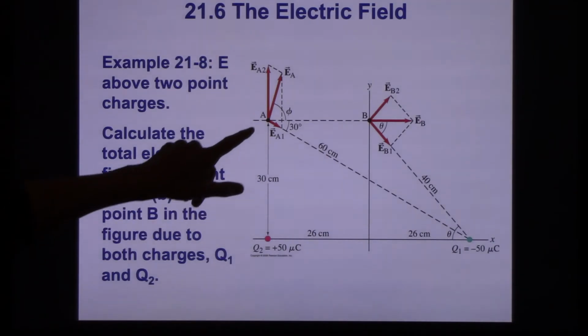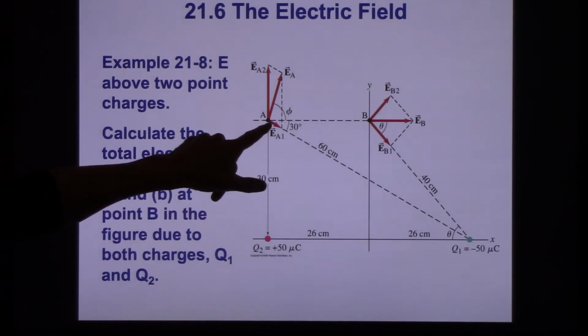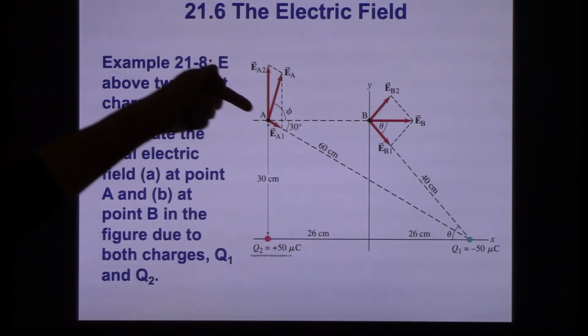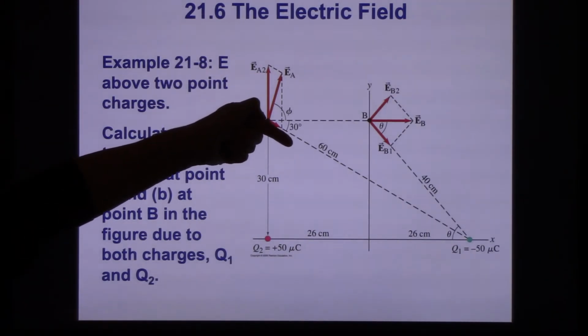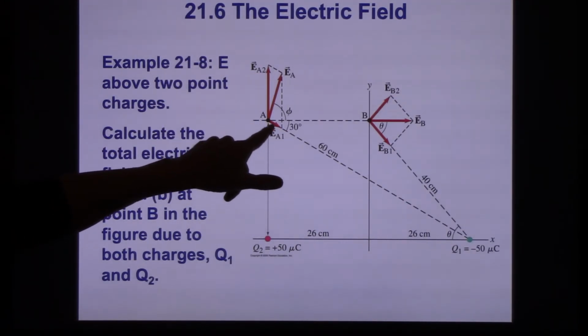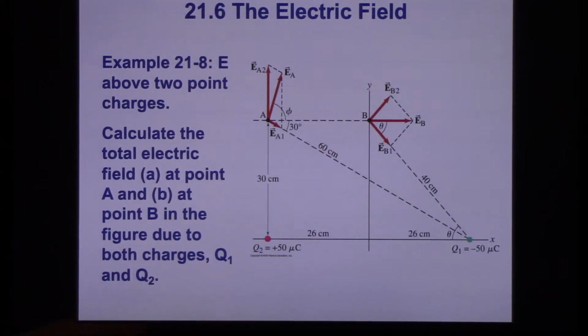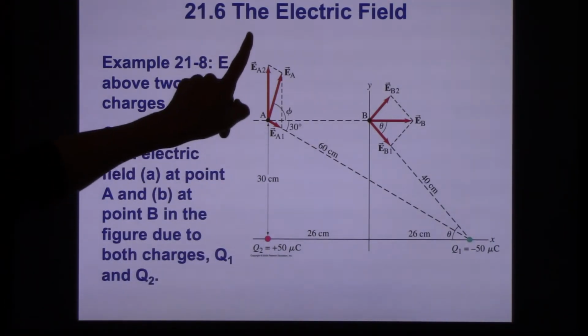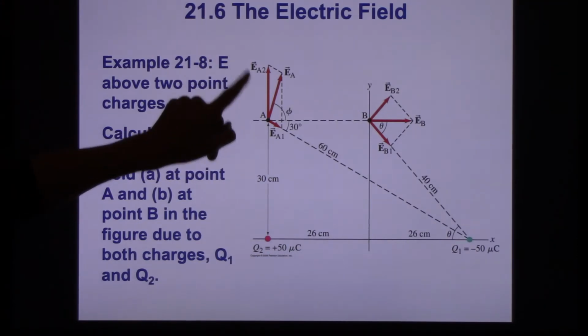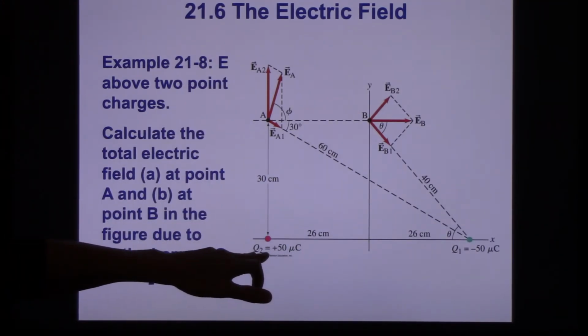The electric field for a negative charge is going to be directed towards that charge. So that arrow pointing towards charge 1 is the electric field at point A due to charge 1. This electric field, directed vertically, is the electric field due to charge 2.